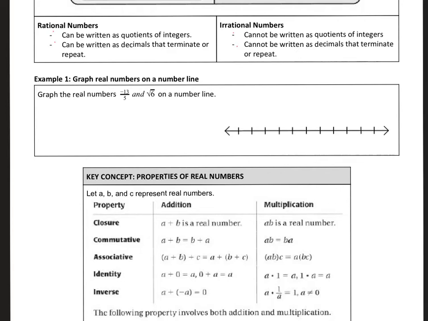The way I would do that, I'm going to make them both decimals. I'm going to write negative 13 over 5. If I put that in my calculator, that's going to give me negative 6.5. Okay? Square root of 6, that's going to be roughly 2.45. So I think that's much easier to compare.